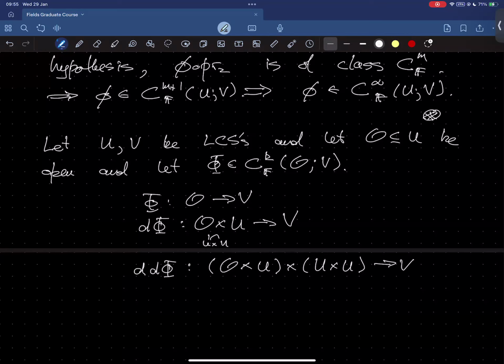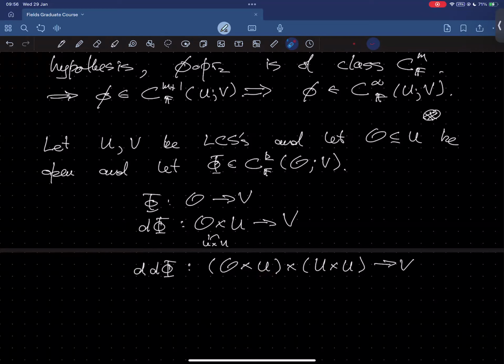What you'd like to do is simplify the domain of the derivative, because when you differentiate here, you're differentiating in this component, and somehow this component is the direction in which d phi is being differentiated, and really we're talking about differentiability in O. So this derivative should be relevant, but this one should be less relevant, because this corresponds to differentiating in the direction that I'm differentiating with respect to.